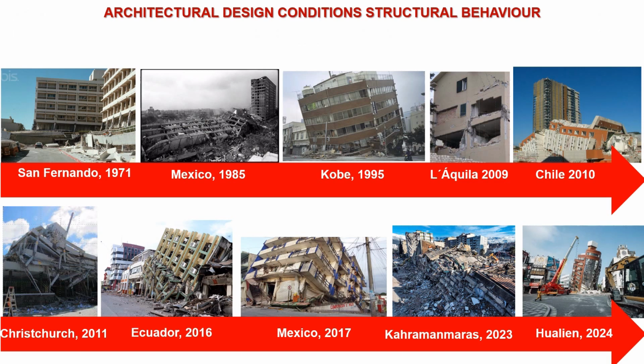Architectural design conditions the behavior of the structure. In the following photographs, we observe a very common characteristic of architectural designs, which is the free floors on the lower levels, the phenomenon of a weak floor or flexible floor.